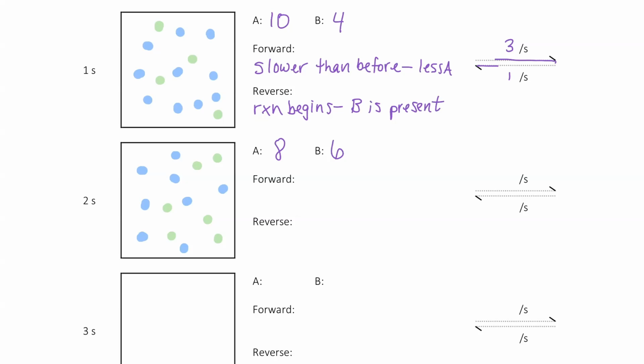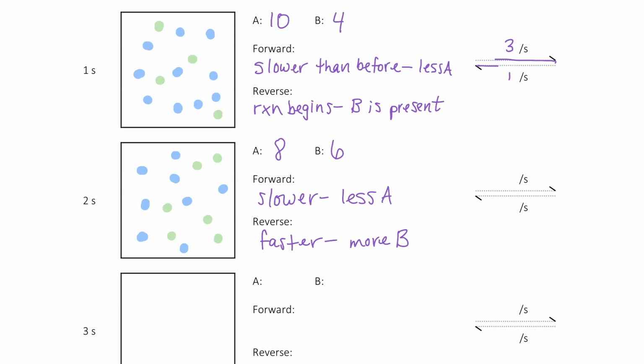Okay, talk to me about the forward reaction rate. It's going to slow down, right? Slower because we have even less A. Great. The reverse reaction is going to be faster because we have more B. Okay, so what's the value going to be based on how we're quantifying this?